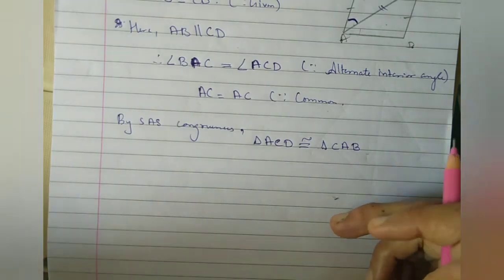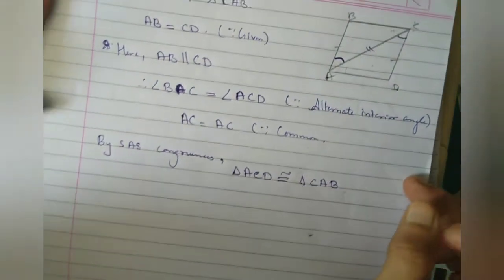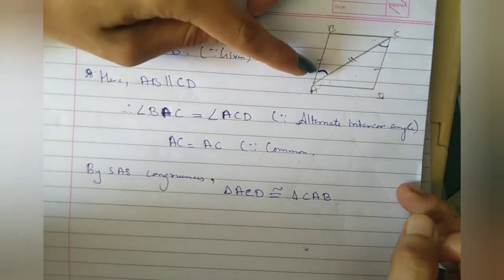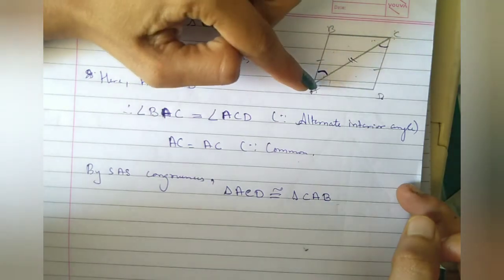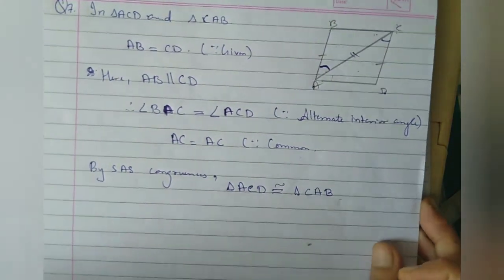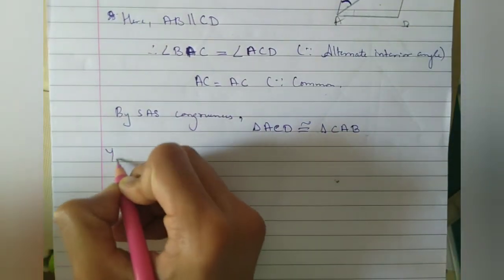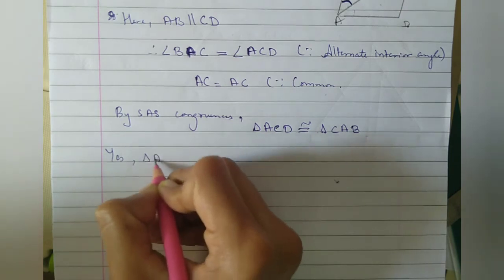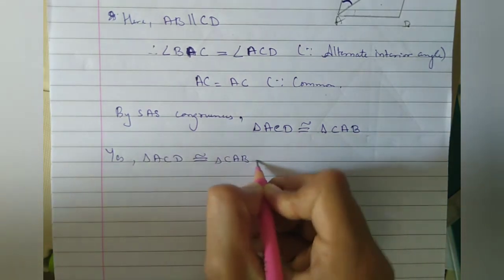Okay, triangle ACD congruent to triangle CAB. That is correct. Now here we have to write at last, yes, triangle ACD congruent to triangle CAB.